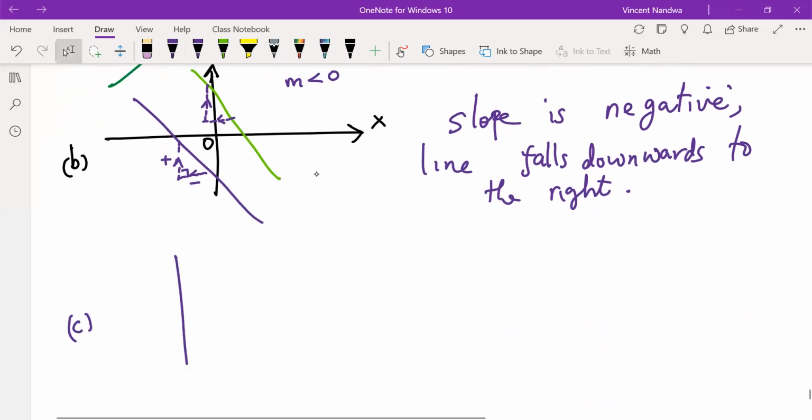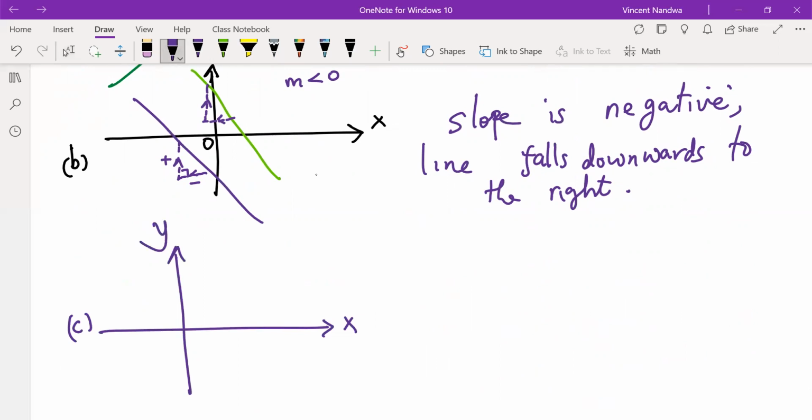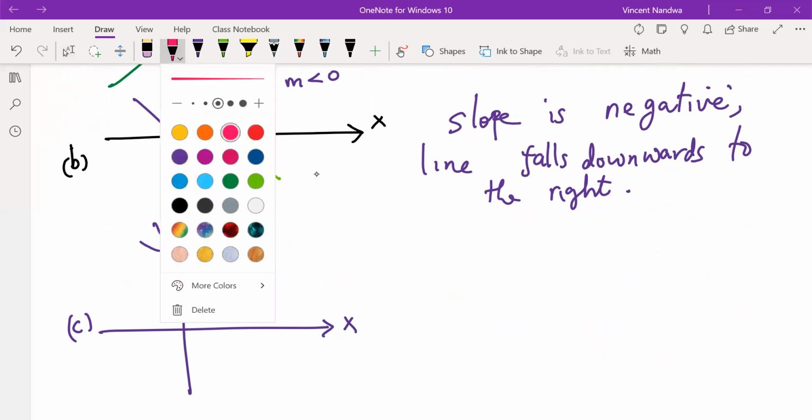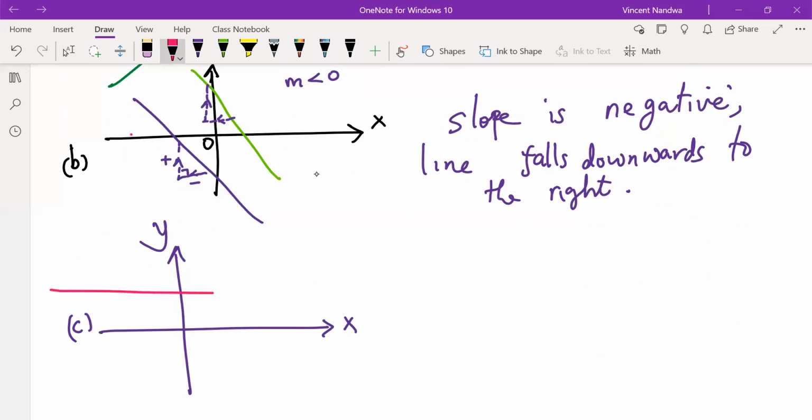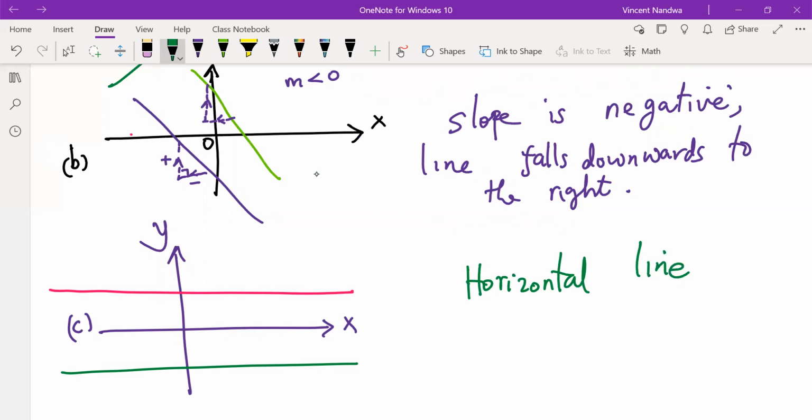Now see, if this is the x and this is the y axis, and we have this line horizontal, or it may be this line, so horizontal lines have gradient 0.